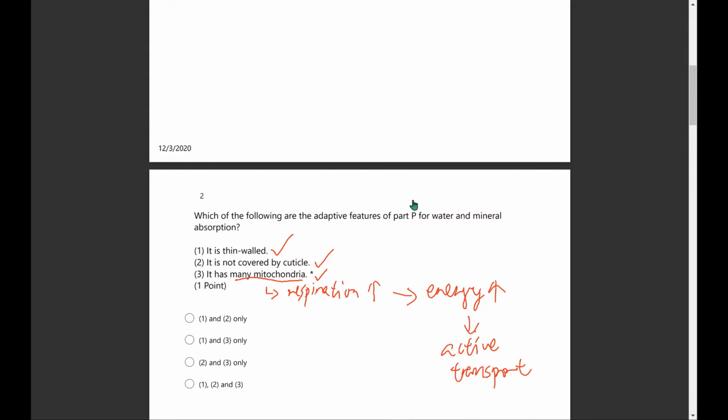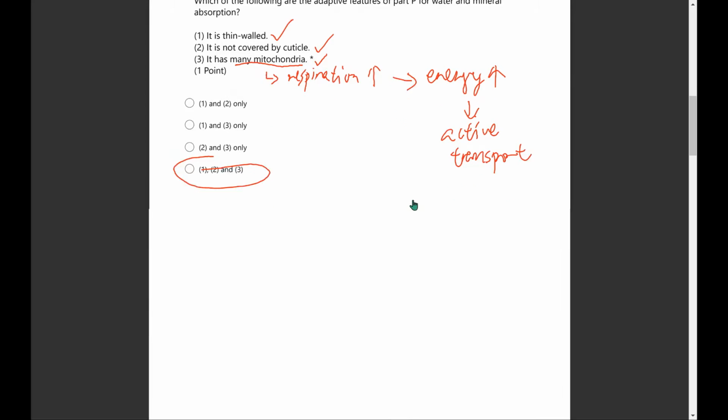Active transport for the minerals. So therefore for question 2 we have D, 1, 2, 3.